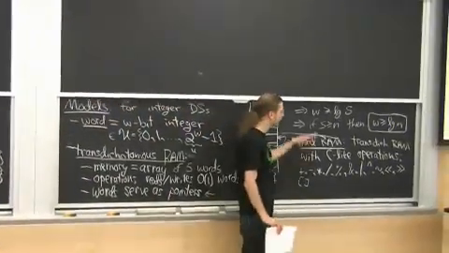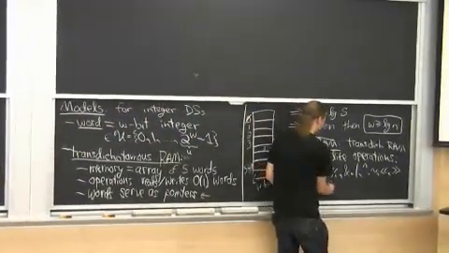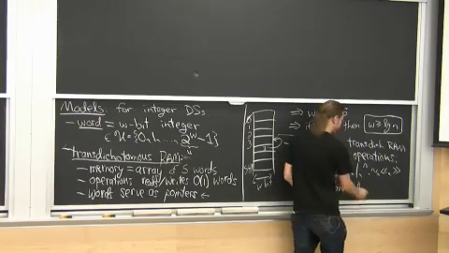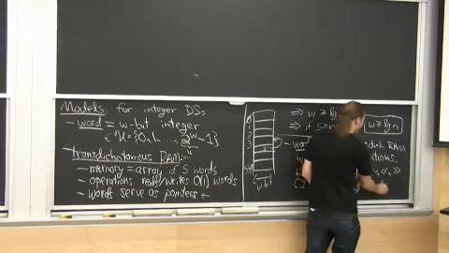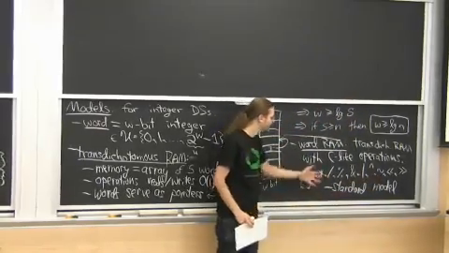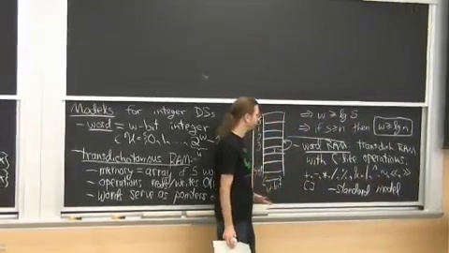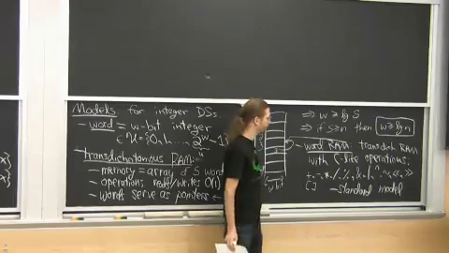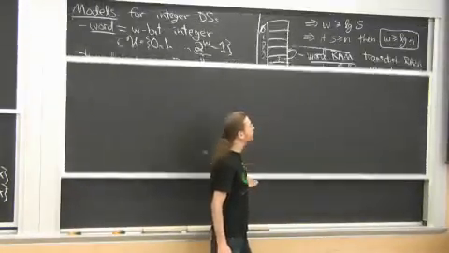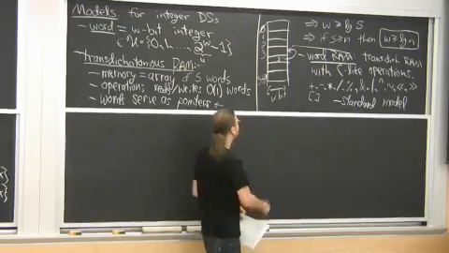So this is basically the standard model that all integer data structures use, pretty much. If they don't use this model, they have to say so. Otherwise, this model has become accepted as the normal one. It took several years before people realized that it's a good model, good enough to capture pretty much everything we want. The cool thing about word RAM is it lets you do things on W bits in parallel.